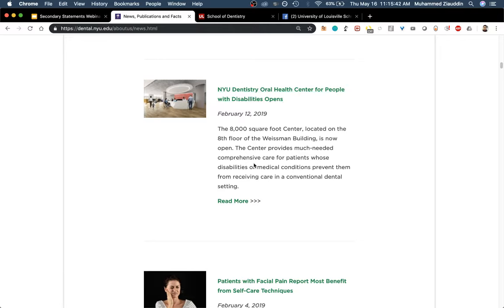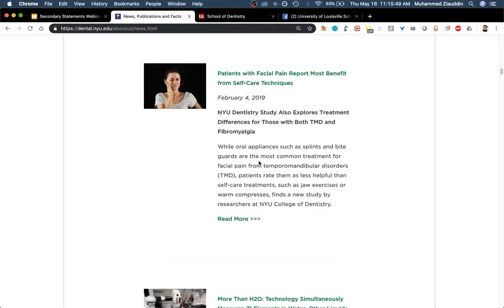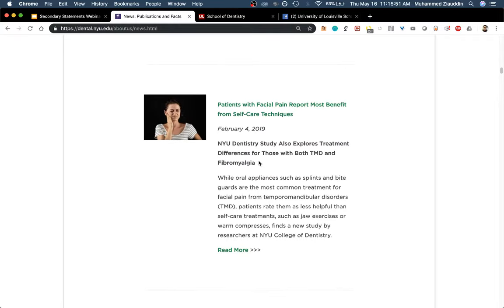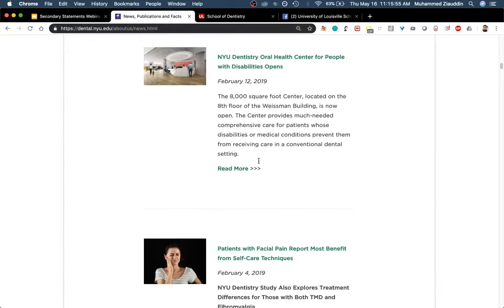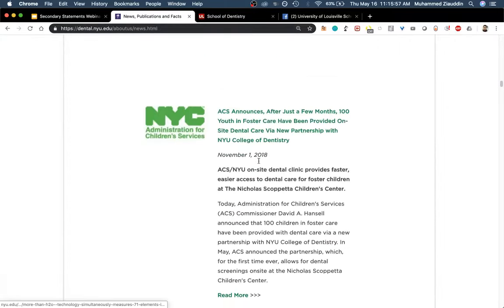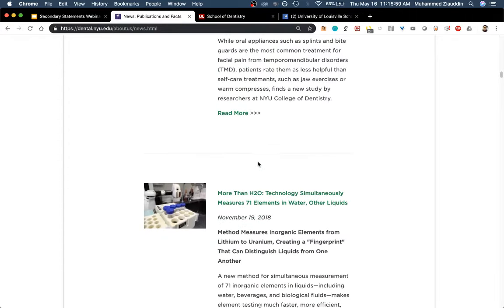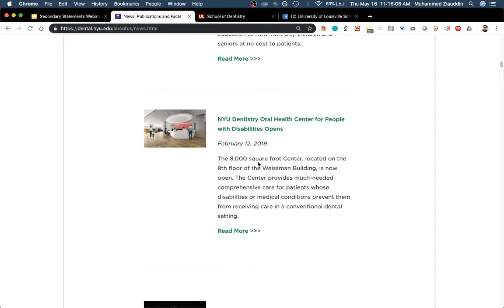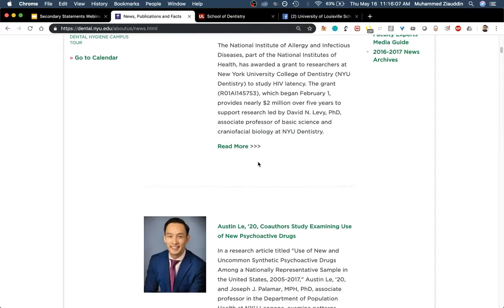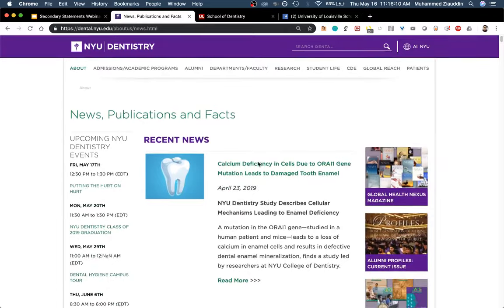So those are good things to mention, and not many people are going to go for the easy wins. They're just going to stick with stuff that they already know. But if you look at their news page, you'll see a lot of publications, a lot of news, a lot of articles that you can talk about, and customize it for your profile. Show them what you know about the school. Show them how to best position yourself as a candidate.